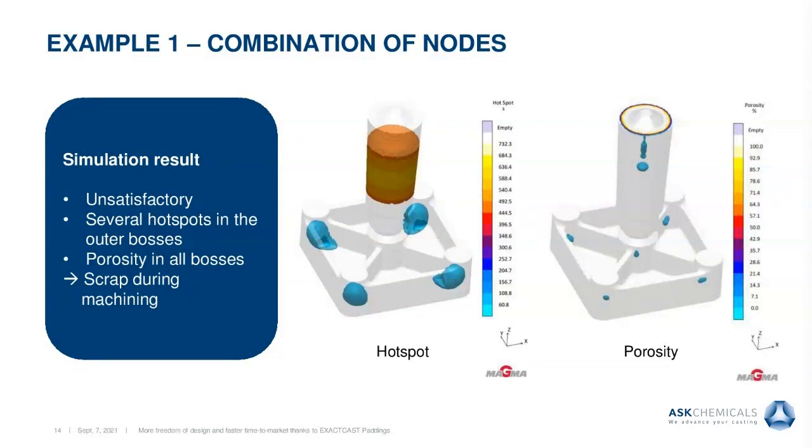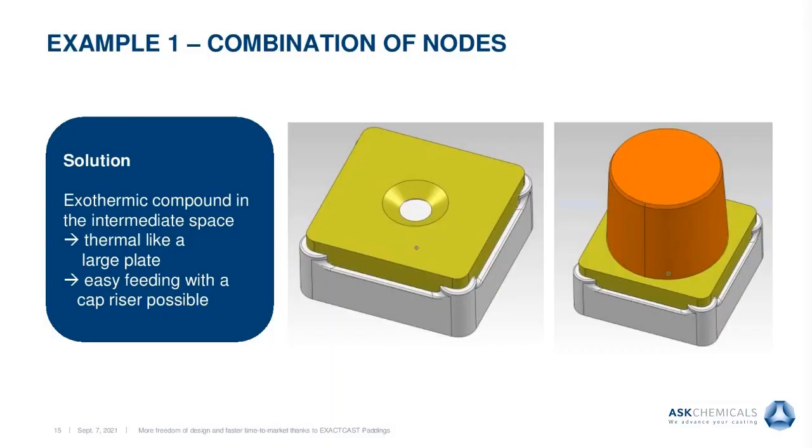So what is the first thing we can do? As I first mentioned, maybe you can imagine that the padding material makes the component behave like I add material. The easiest way for me would be if the plate was massive. That means we just take it and fill it with exothermic material.